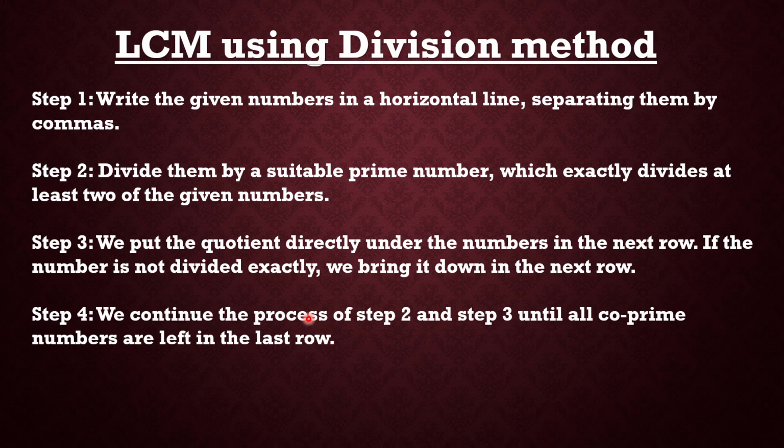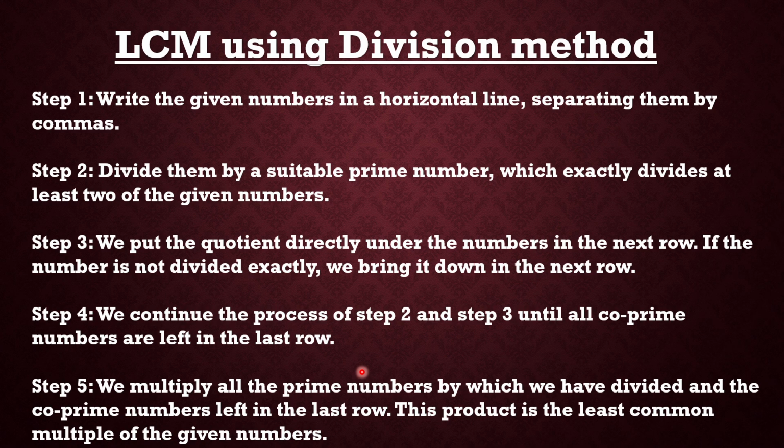We keep repeating this until we get co-prime numbers. What do you mean by co-prime numbers? When all the quotients are prime numbers, like 2 and 3 or 5 and 7, something like that. Until you get co-prime numbers, you have to repeat.